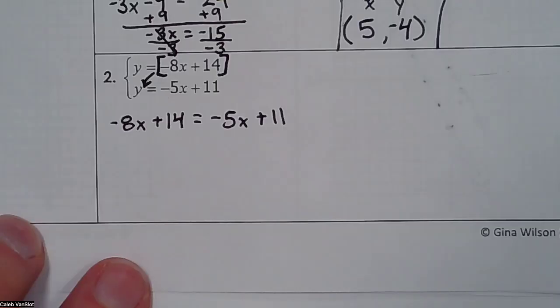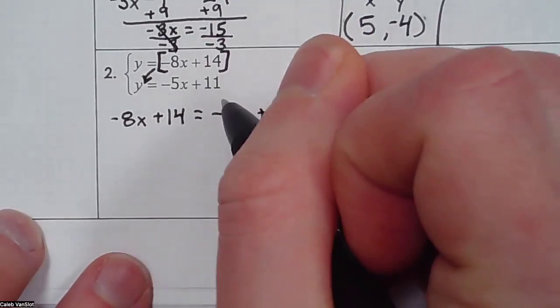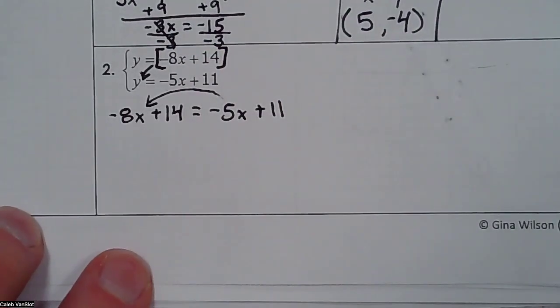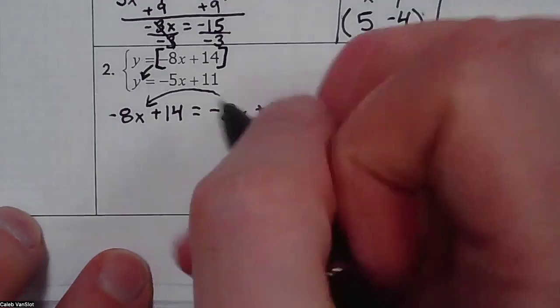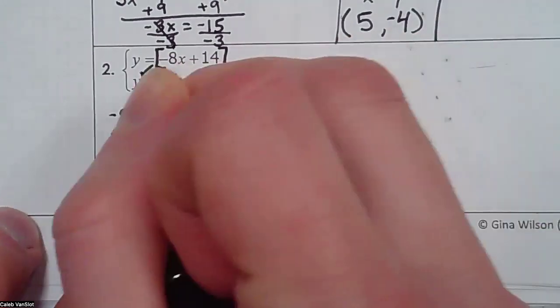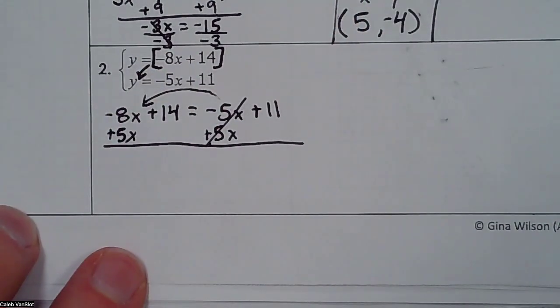So what's my first step? How am I going to get my x's together? How do I move that -5x over? Yep. I'm going to add 5x to both sides. That's going to cause those to cancel off.